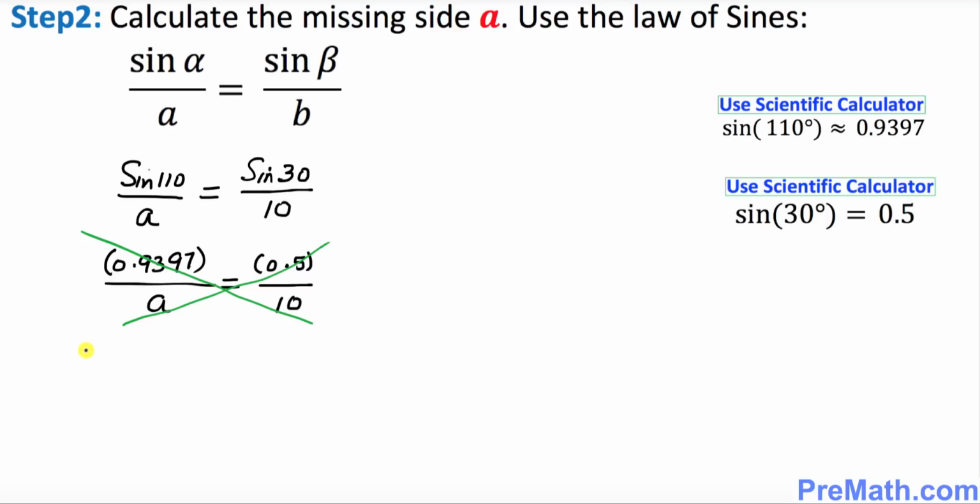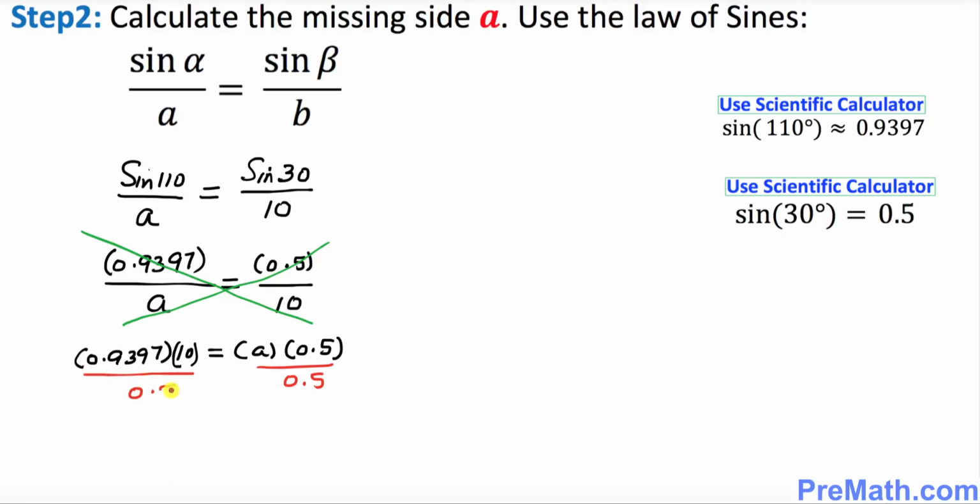So I'm going to put down 0.9397 times 10 equals A times 0.5. I want you to divide both sides by 0.5.